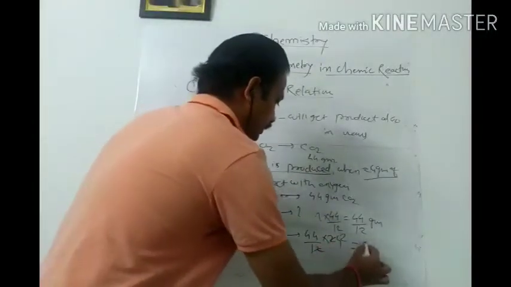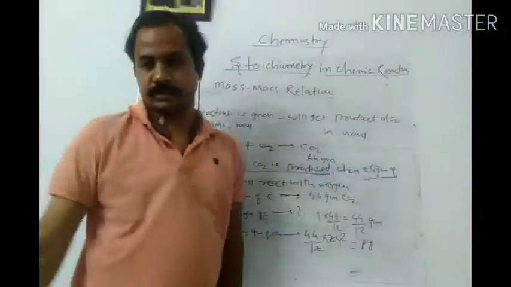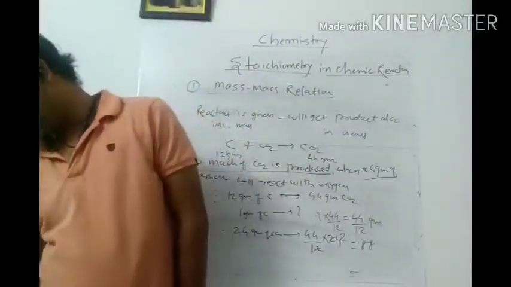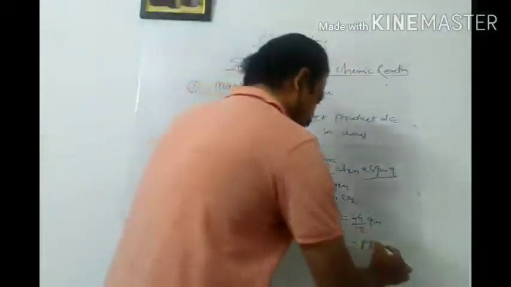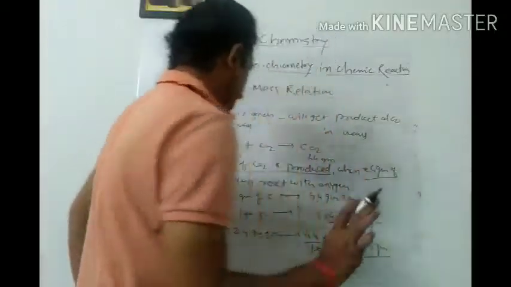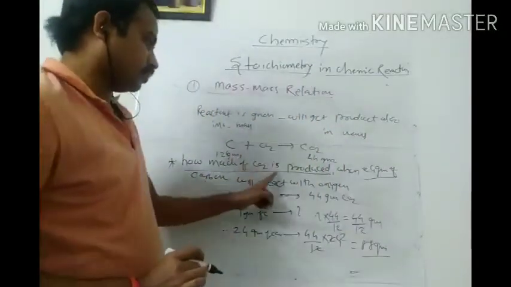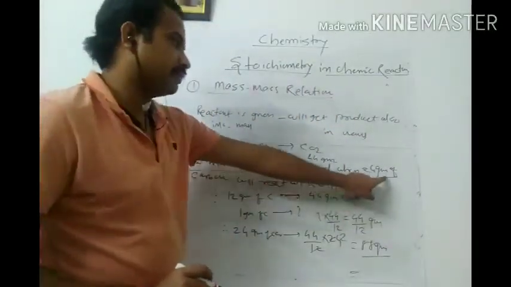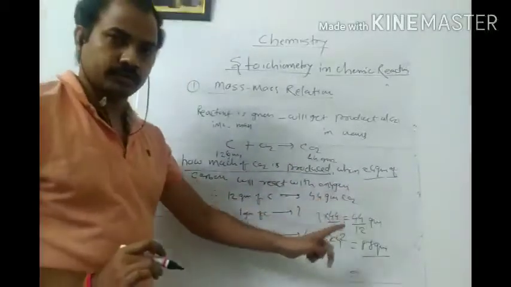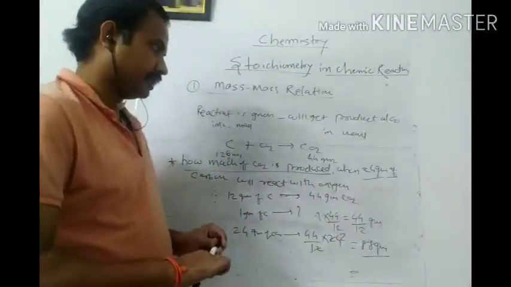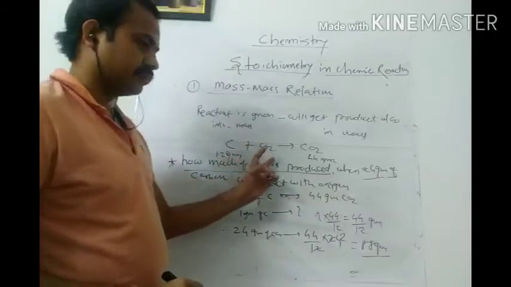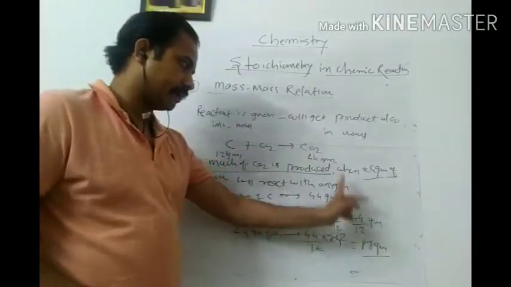So 2, and it becomes 88. So as the answer, 88 gram of CO2 is produced when 24 gram of carbon reacts with oxygen.